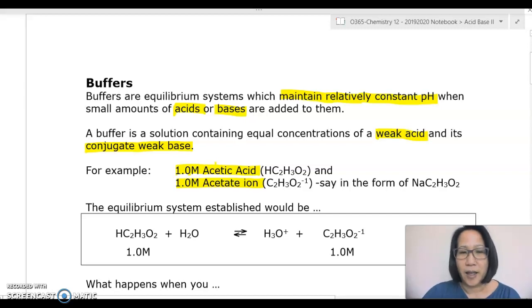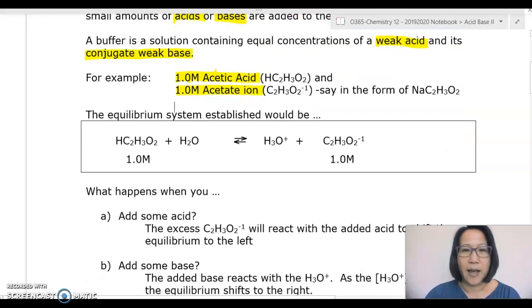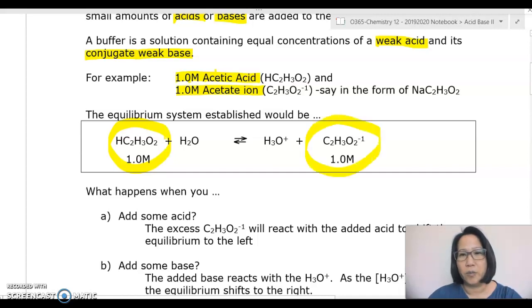And having a solution that contains more than just the acetic acid, but by adding some extra acetate, we get this equilibrium system. And this particular equilibrium system is an interesting one. We have equal concentrations of this, and we have equal concentrations of that.